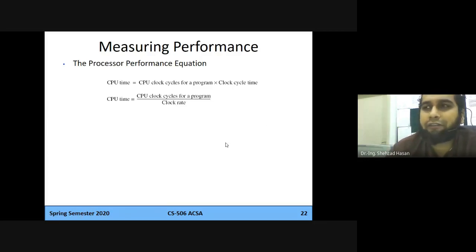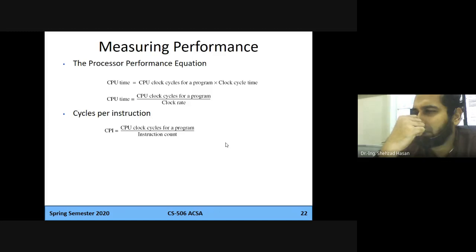Or you can write it in a different way: instead of cycle time, you can define clock rate. That's the same thing. Now, the CPU clock cycles for a program are difficult to calculate, right? One way to do that is to have a figure like CPI, or cycles per instruction. That's an average figure.